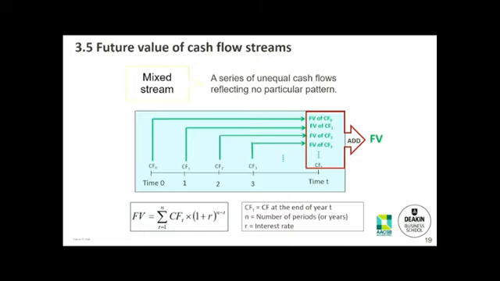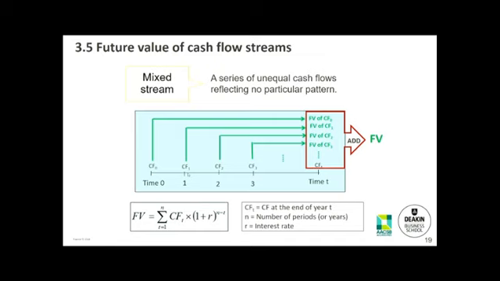Let's say this example. A very easy example, very similar to the example we've discussed. When we treat mixed stream of cash flow, you want future value? Okay. In this graph, let's do it step by step. CF means cash flow.